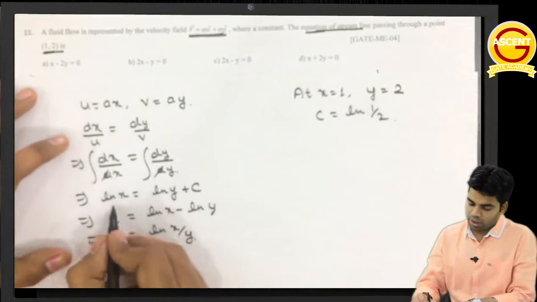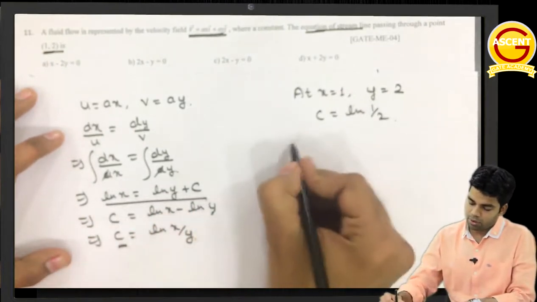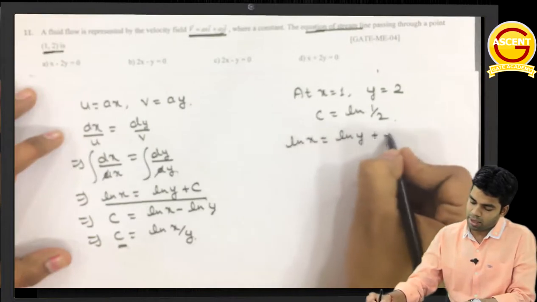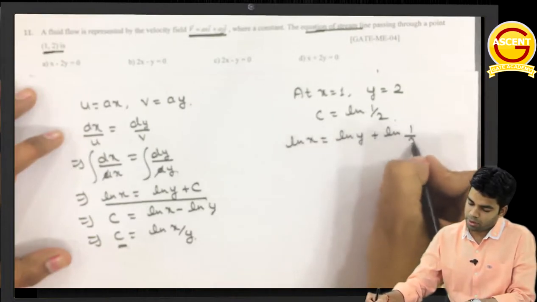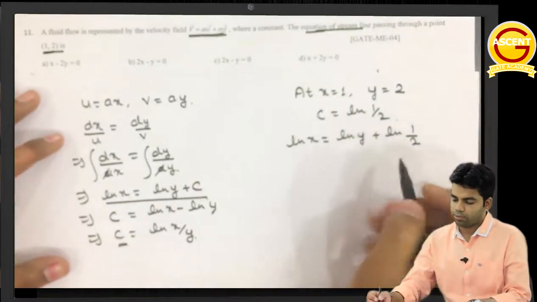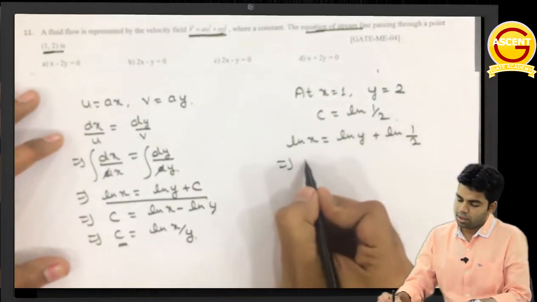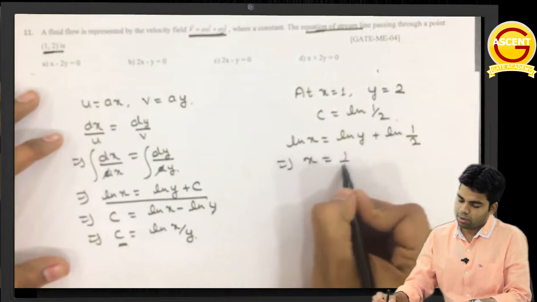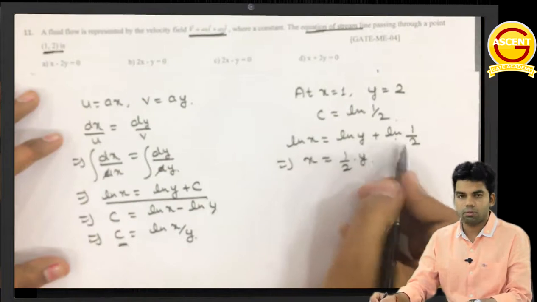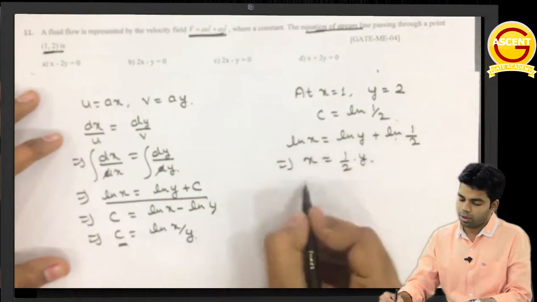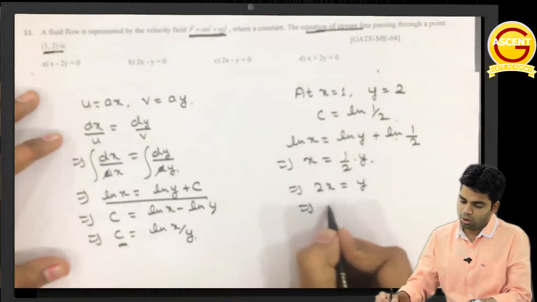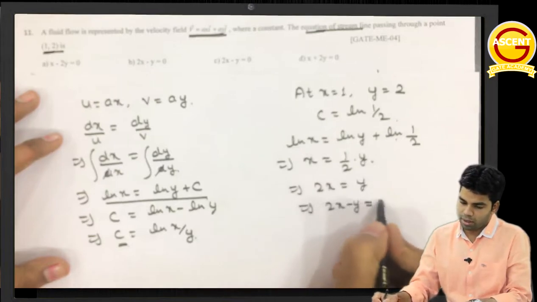Now this is our equation of the streamline: ln x = ln y + ln(1/2). Further, this can be written as x = (1/2)y, so 2x = y, or 2x minus y = 0.